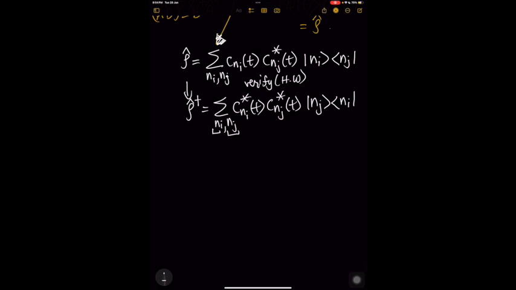Another thing I can do is, since n_i and n_j are just dummy indices over which I'm doing the summation, I can interchange n_i and n_j. Sorry, there will not be any complex conjugate there. What I mean is just change this from n_i to n_j, and this from n_j to n_i.